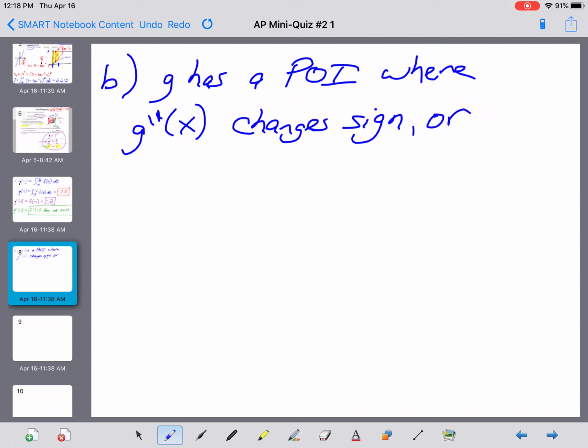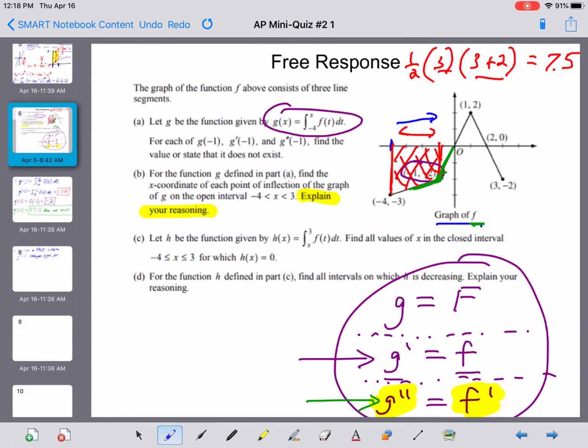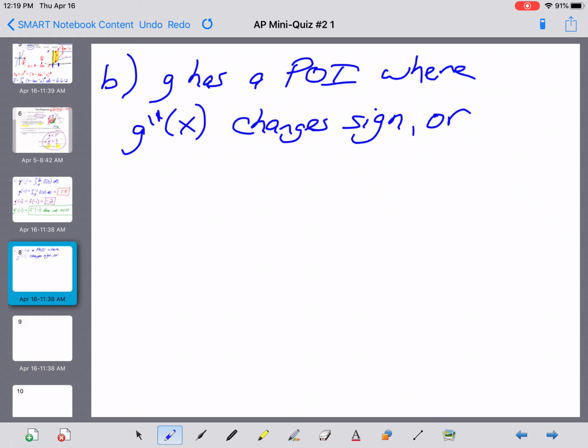But at the same spot, and again, don't misinterpret the word or, this is really meaning just another way of writing it, where g prime of x changes sign, or where f prime of x changes sign as well, because f prime and g double prime are the same thing.